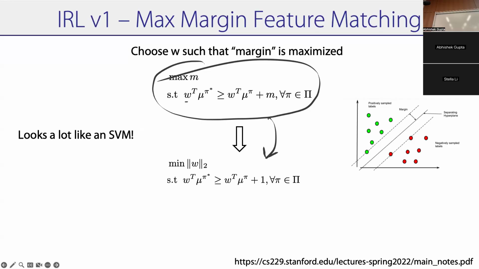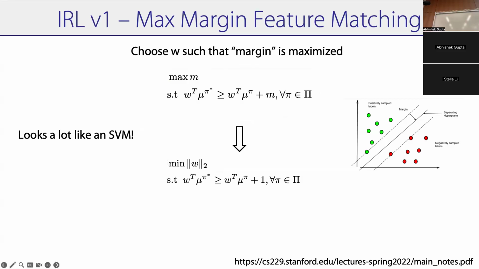The max margin objective is the same as minimizing the W norm, such that W transpose of expert features is greater than W transpose of all other policy features plus 1. You can think of this as constraining the W norm, and you can show that these are the same objective, just by using the same logic as SVMs.